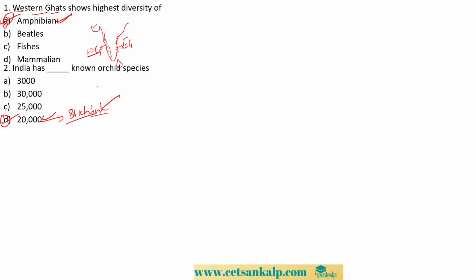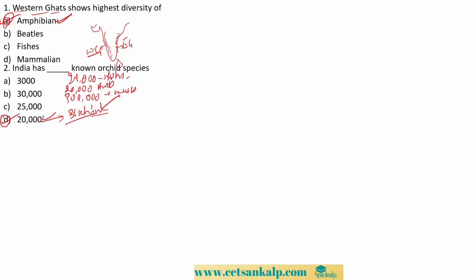They have given other numbers also. For example, there are around 20,000 ants, and we also see around 3 lakh species of beetles, and around 28,000 of fishes.